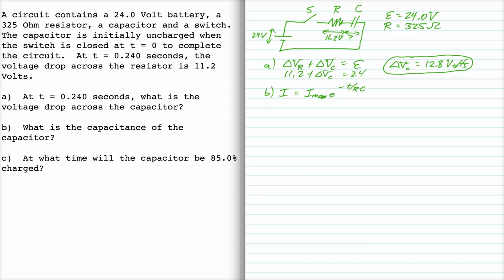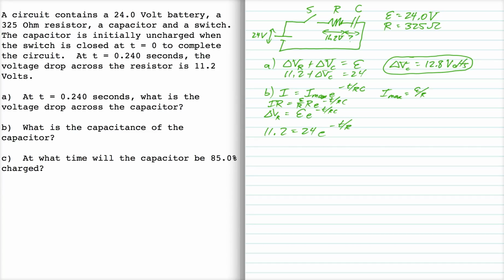But now remember I max is the EMF divided by the resistance. Well, now if I multiply both sides of this by R, then I get that the voltage drop across the resistor is equal to the EMF times e to the minus t over RC, right? So we're given that as 11.2 is equal to 24 times e to the minus t over RC.